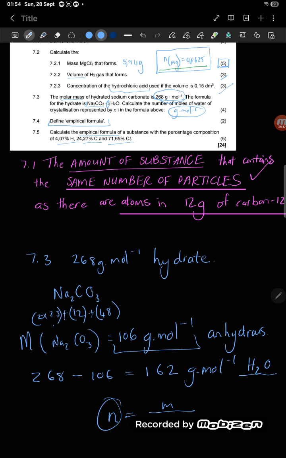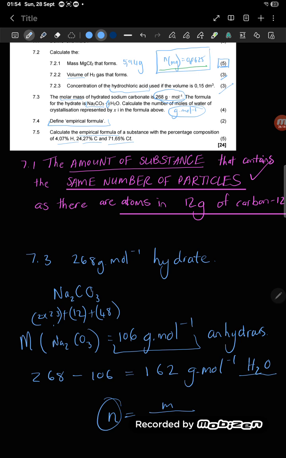So I just want to divide this thing by 18 because I know that there's 18. The molar mass is 18 per molecule. So how many moles are there? So I'm going to say divided by 18.